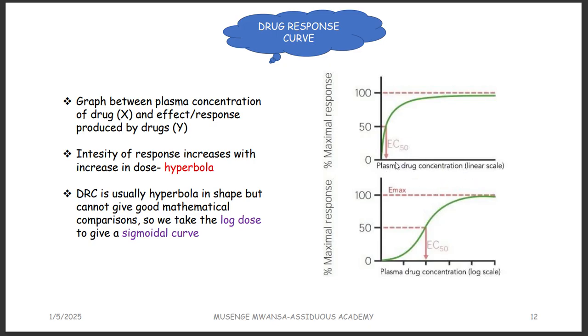If you do, can you see the way the graph has changed? It now gives you a sigmoidal graph. So if you take the log dose against response, that is going to give you a sigmoidal graph.